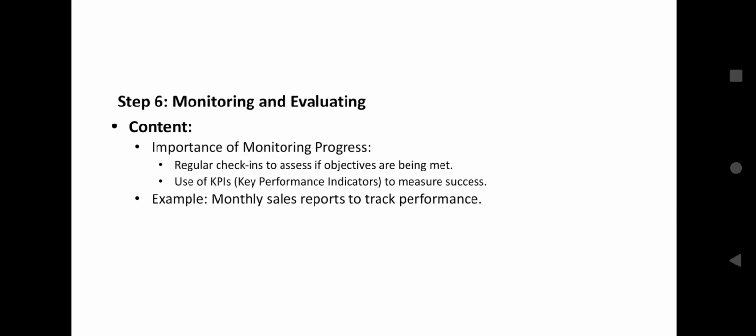Next, monitoring and evaluating. The importance of the monitoring process: regular check-ins to assess whether the objectives are being met or not. If not met, you have to make some changes. The monitoring process will help us use key performance indicators to measure success.